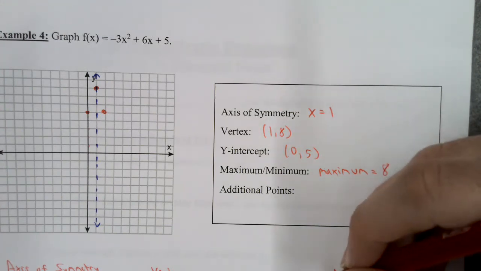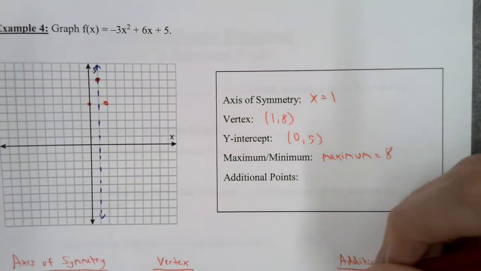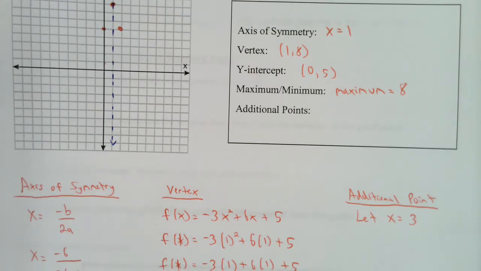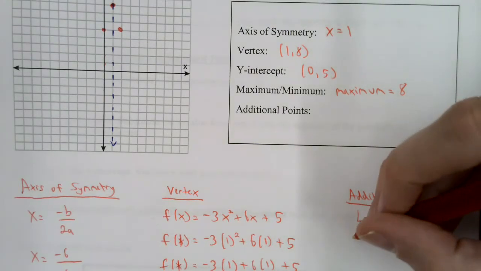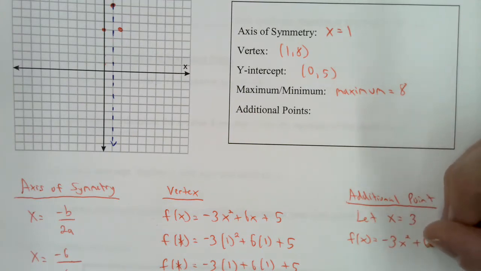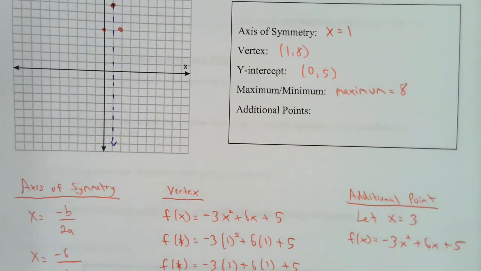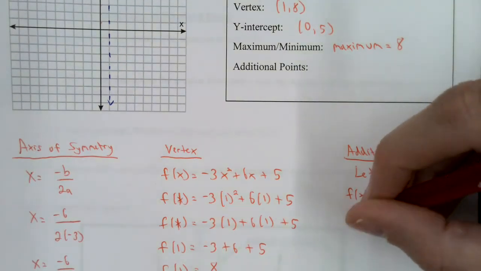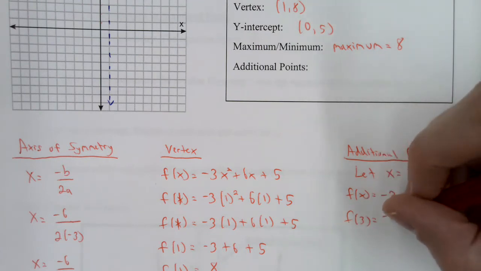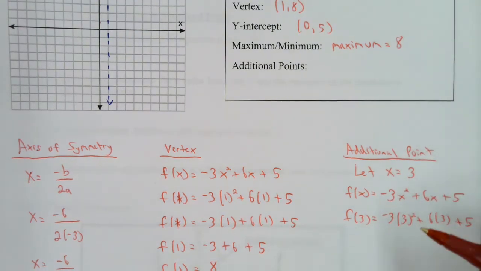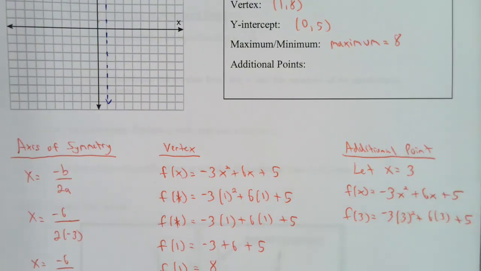So I'll choose x equals 3. Let's copy down the original problem again. And let's substitute 3 in for x. So negative 3 times 3 squared plus 6 times 3 plus 5. Order of operations, this is not negative 9 times negative 9 is 81.